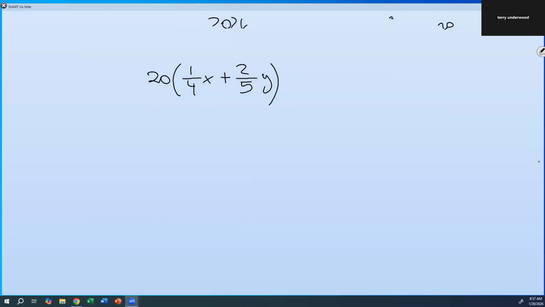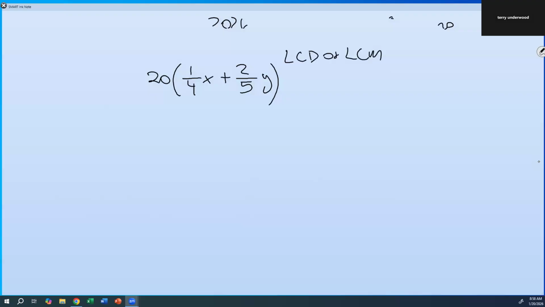I need to find the LCD or LCM, because I cannot add two fractions, 1/4 and 2/5, because they have different denominators. If you remember from middle school fractions, to add and subtract fractions, they need to have the same denominator. So I need to find the LCM.